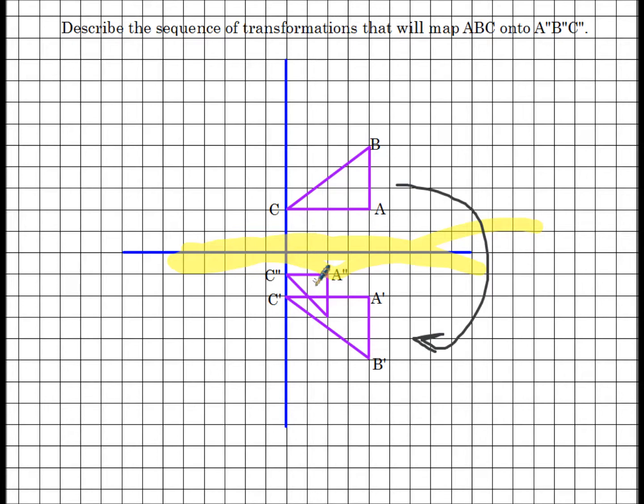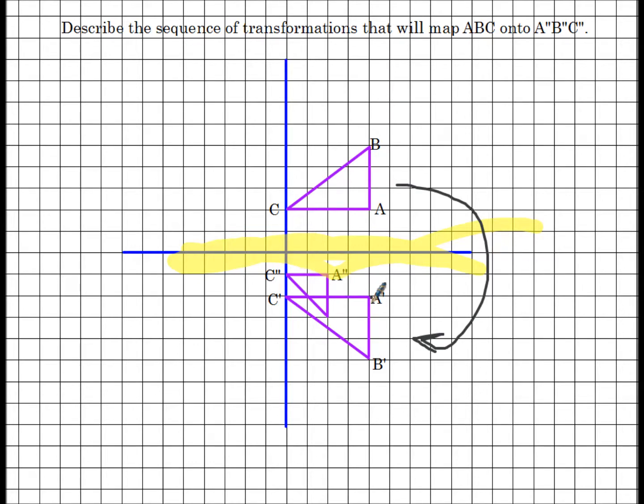And because the size changed, we can't say that it is a rigid motion. So we can't resort to translation, rotation, reflection. The only one that's left that impacts the size of the figure is dilation. So now the question is, what happens in this dilation?